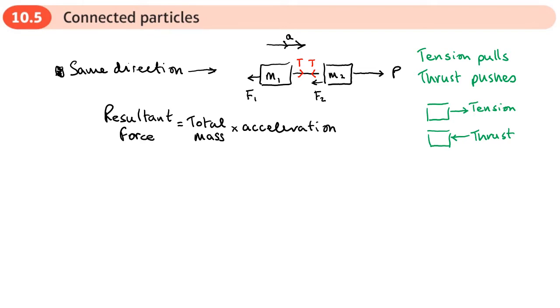So in a diagram like that, if I wanted to find the acceleration, the resultant force is going to be P minus F1 and F2. Now I don't need to add these. I'll be adding T and subtracting T, wouldn't I, because of the direction they're going in. So maybe I'll put something here to show that this direction represents positive forces. The resultant force is just going to be P, the pulling force, minus the two resistive forces.